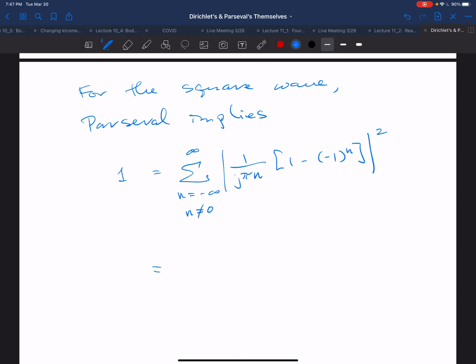So what this will give is the sum from n equals minus infinity to infinity, where n is odd, of 4 over pi squared n squared. Or in other words, 4 over pi squared times the sum for odd values of n of 1 over n squared.